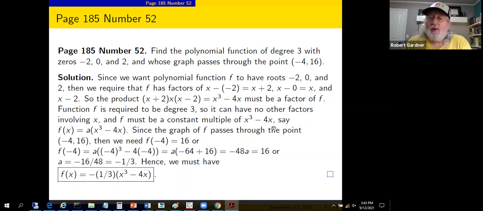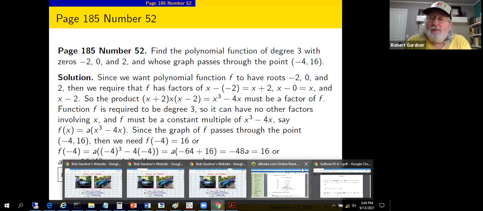X cubed minus 4x is a third degree polynomial that has these three roots. But this, I bet you, doesn't contain that point, which is why we had to introduce the leading coefficient as something arbitrary and determine that from this extra information. Let's go back to the notes.